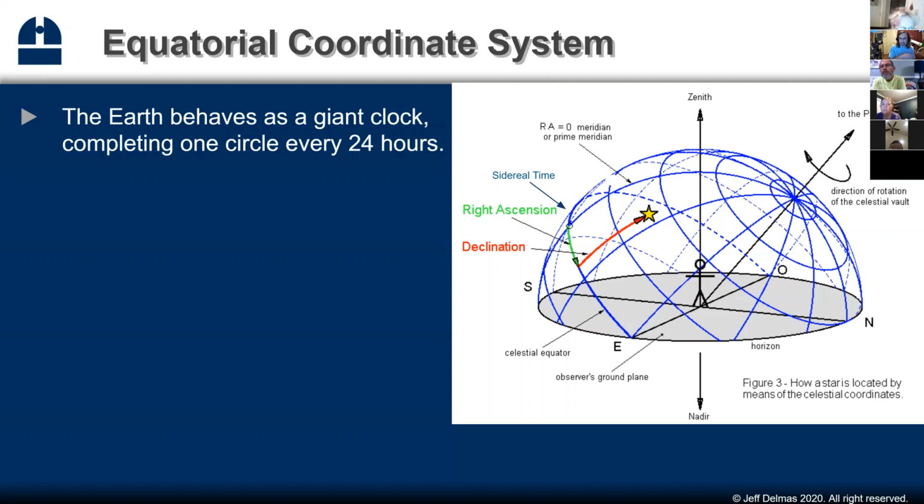So in order to come back and look directly back at the sun, where the sun will be exactly overhead once again, we have to go a little bit further than if we turn around and look at a specific star. So a solar day is 4 minutes longer than a sidereal day, but you don't really need to know that. They're close enough to where you just think about it as 24 hours.